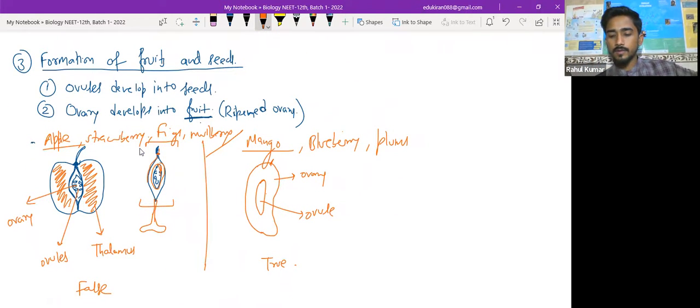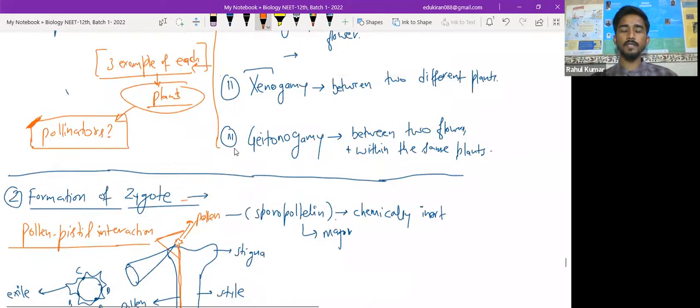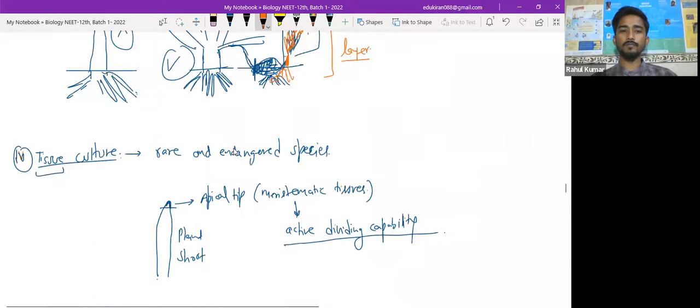False fruit is formed from any part of the plant apart from the ovary, or other than the ovary.